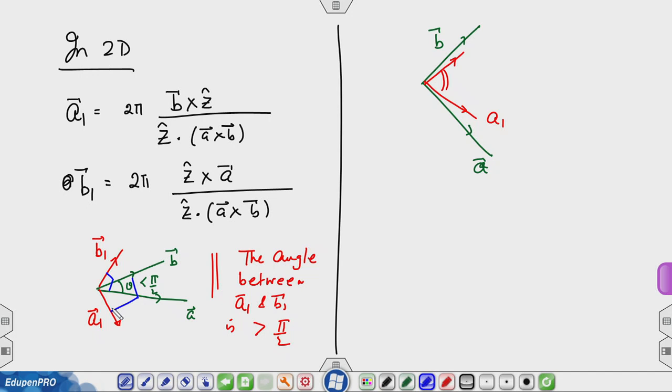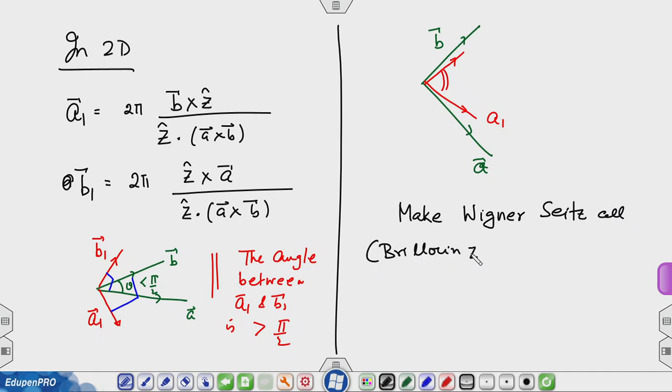So, I would like to leave a question for you, and that is, make the Wigner-Seitz cell, which is the Brillouin zone, for different reciprocal lattices in 2D.